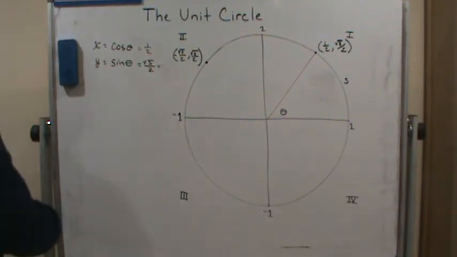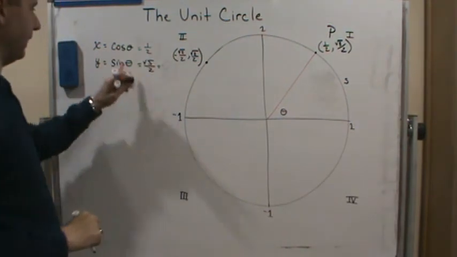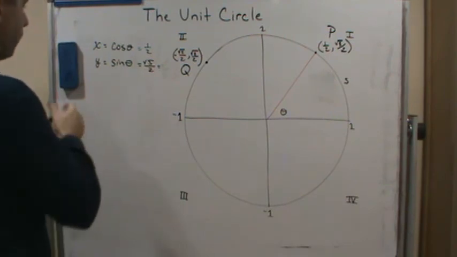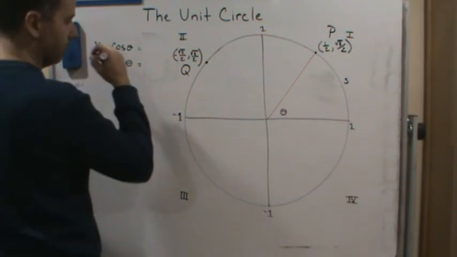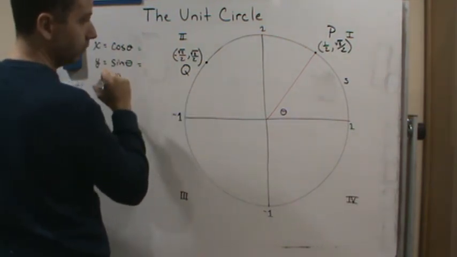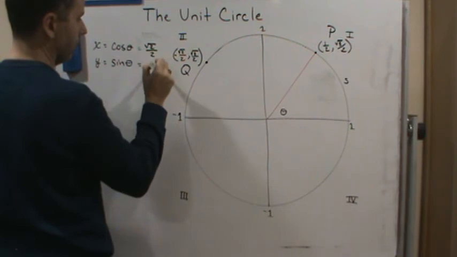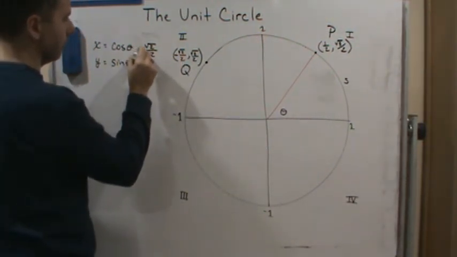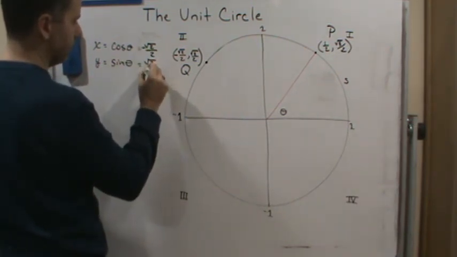So in this case, let's call this point P, so for point P this is true, and let's call this point Q. And so for point Q, what do we have? This will be negative, and then y is positive, square root 2 over 2.